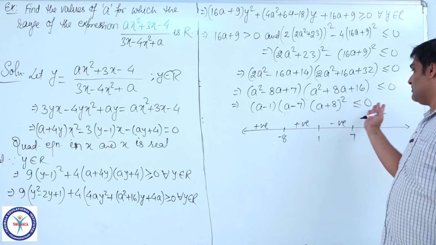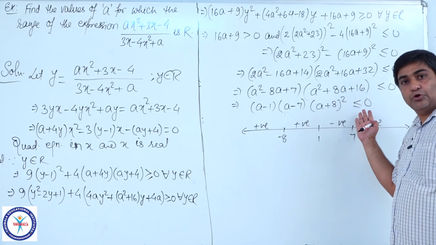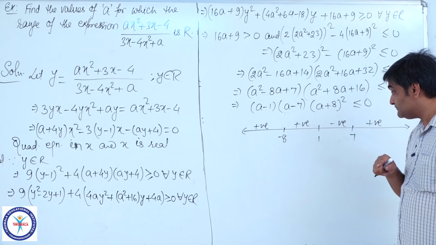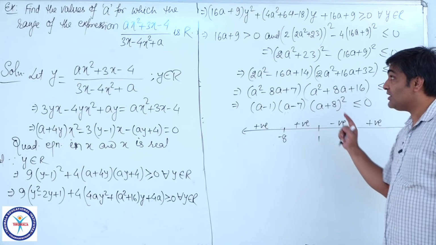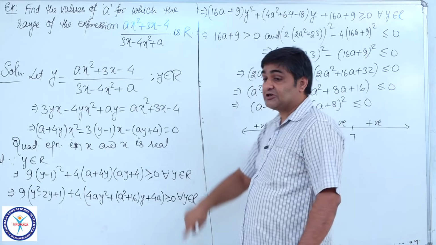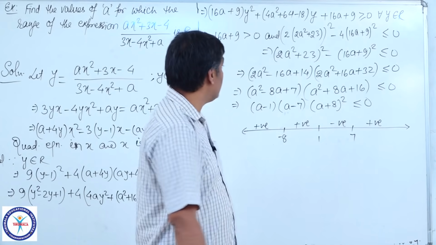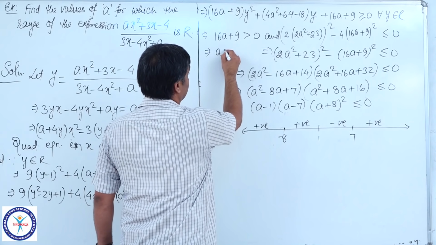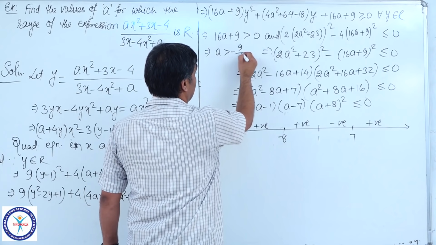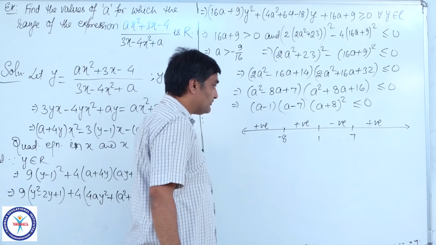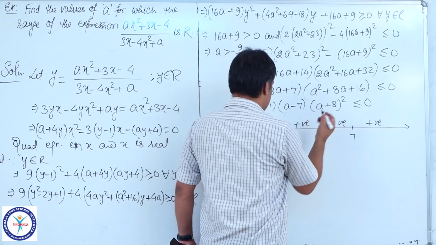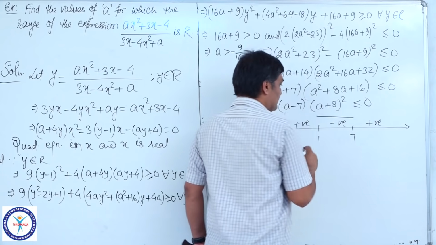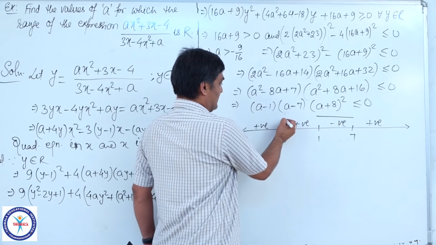So we have to have those values of a for which this expression is less than or equal to 0. So is it okay? No. This condition must be satisfied. Also, this implies a greater than minus 9 by 16 also. Here, or equal to 0 means this one and this value also.